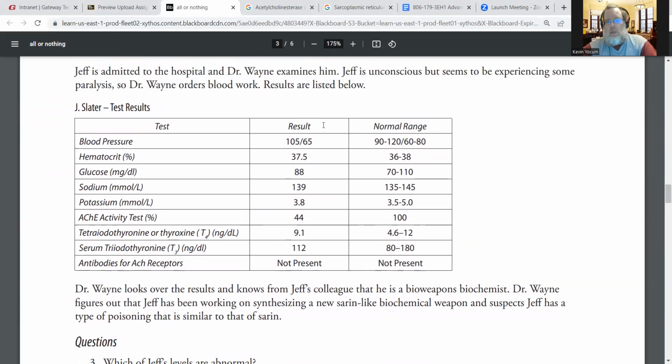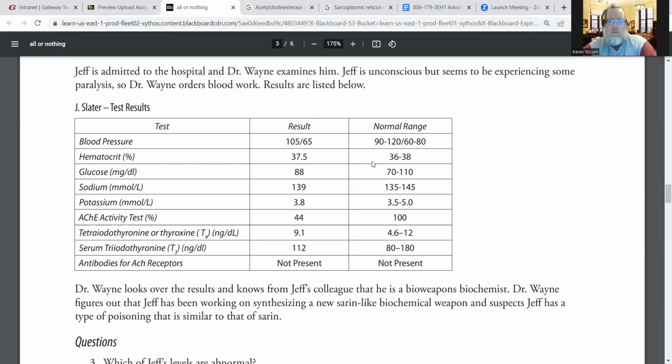All right, so we admit Jeff, we've got some normal ranges, so we're going to look and see where he is. Oh boy, right away we see his blood pressure is awfully low, 105/65. Hematocrit is right where it should be. Now remember, hematocrit has to do with packed red blood cell count, and red blood cells transport oxygen.